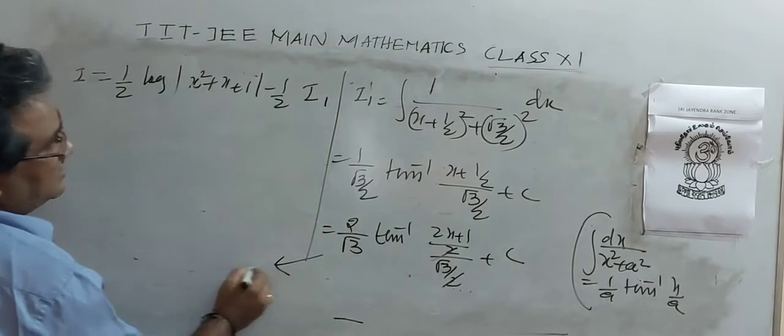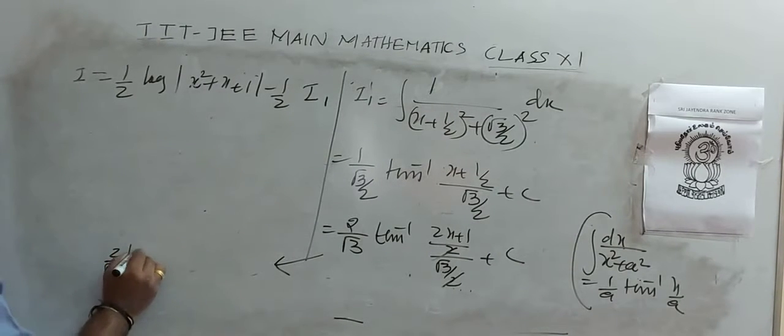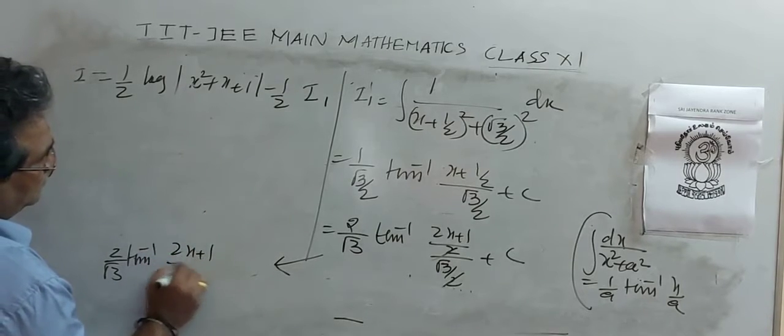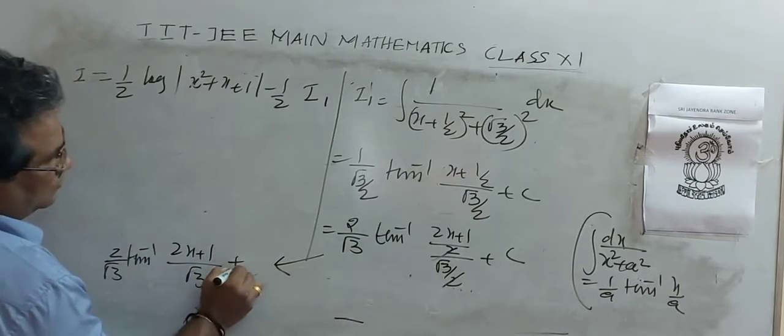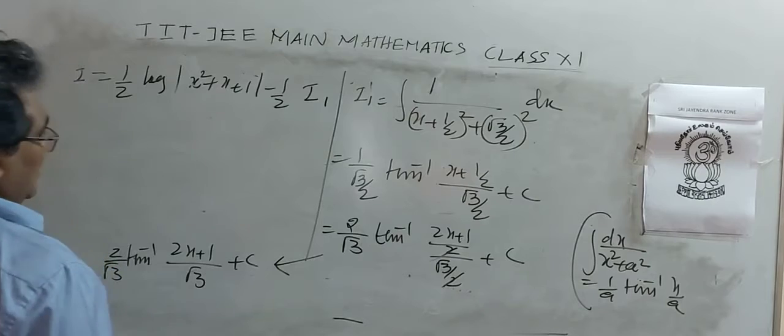So for this, 2 by root 3 tan inverse of (2x + 1) by root 3 plus c. But we need I, so this is the value of I1.